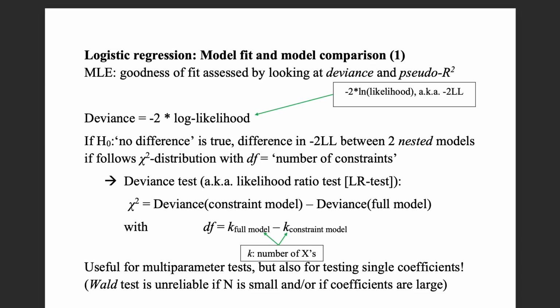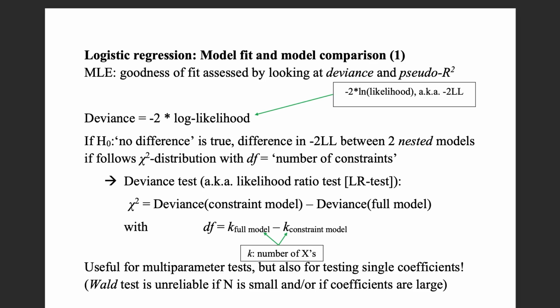For logistic regression models, this is not true. So remember, for the logistic regression model, we use the Wald test, so the coefficient divided by the standard error, squared, to test individual regression coefficients, which is great, but can be a bit unreliable, especially if you have a relatively small sample size and/or if your coefficients are actually very, very large.